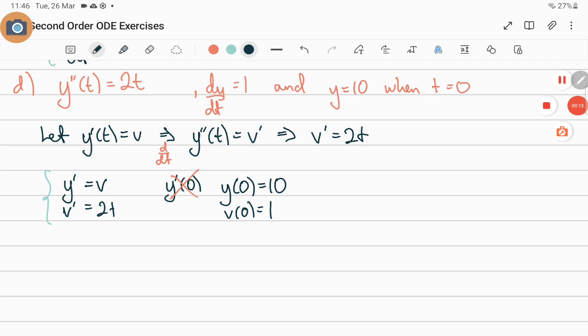So x1 predictor, v1 predictor. So x1 predictor, the previous x, which is just initial x, which is 1. The previous v is the initial v, which is 0. Step size in both cases is 0.1. Slope of x we just found above is v, or we actually defined it to be v, and the previous v is 0.